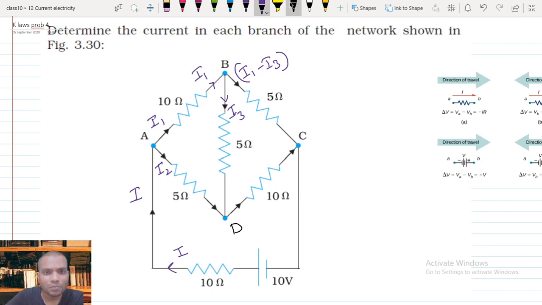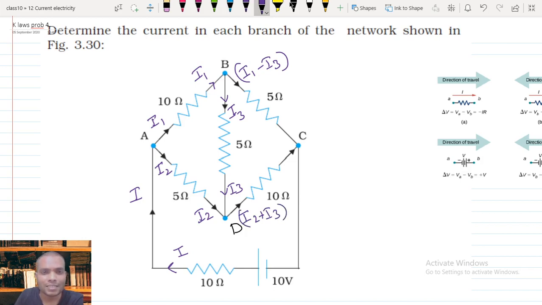So the current I1 at junction B is divided: in the branch B to D it is I3, and the rest of the current, I1 minus I3, flows through the branch B to C. Now come back, in the branch B to D the same current I3 is flowing, and at junction D, the current I2 from A to D and the current I3 from B to D will add up because they are entering the junction, and they are leaving junction D toward C. The current here is I2 plus I3.